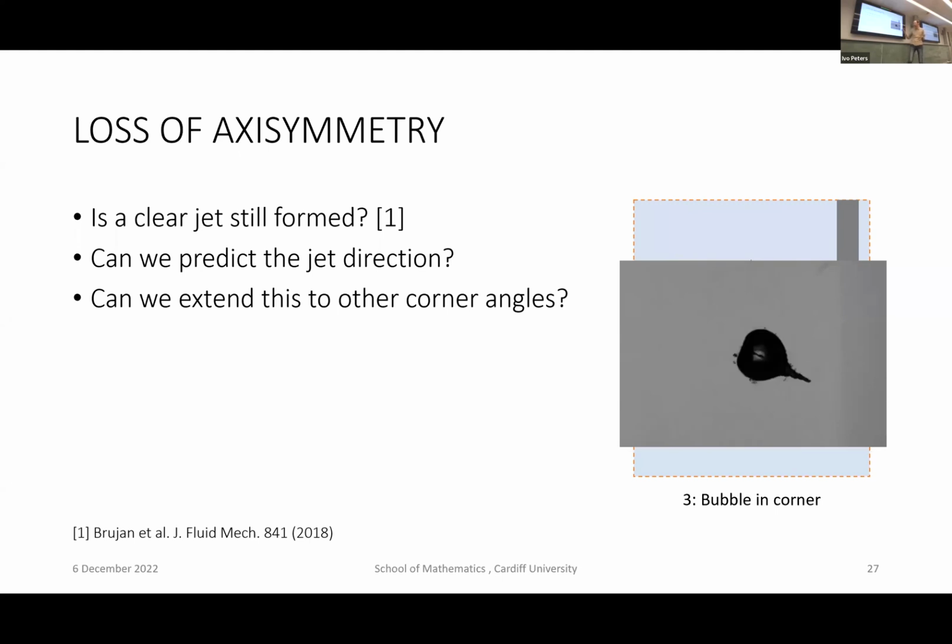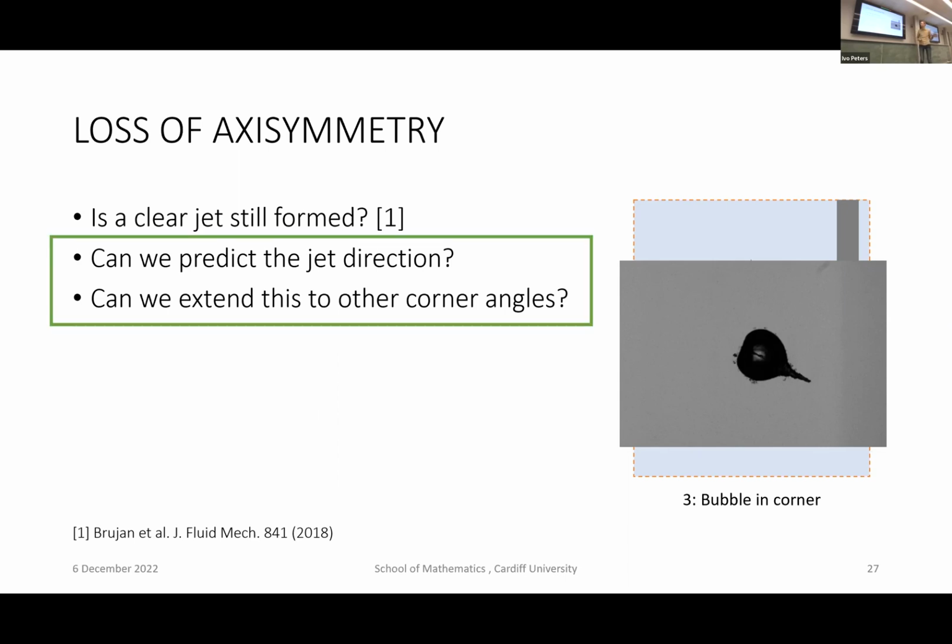So this was already found by Brujan et al. So we don't have to answer that question anymore. So that's solved. So what I'm going to focus on is these two questions. What can we say about the direction of this jet? And if we can do that, can we extend this then to other corner angles if we are able to solve this?